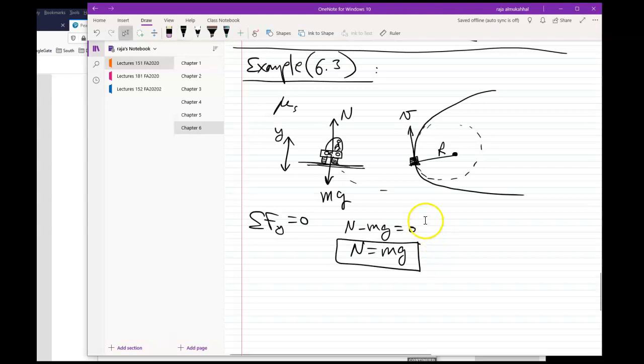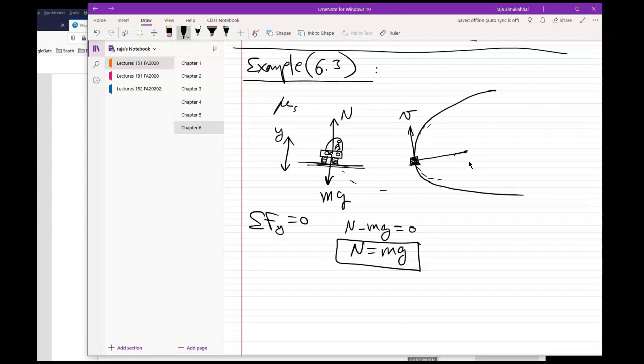Now back to the bird's eye view right here. So this is the top view. Let me eliminate the radius for now. All right, so here is the radius right here.